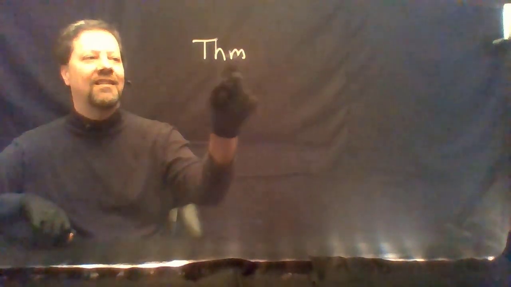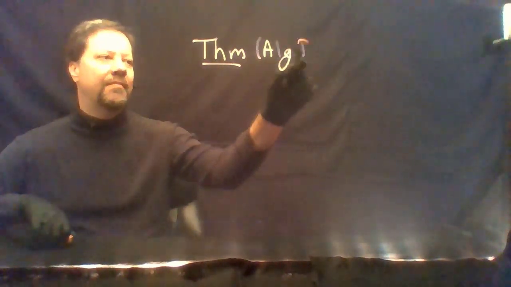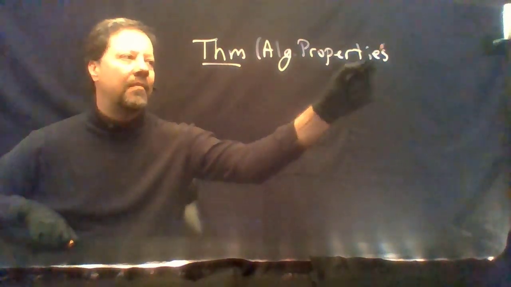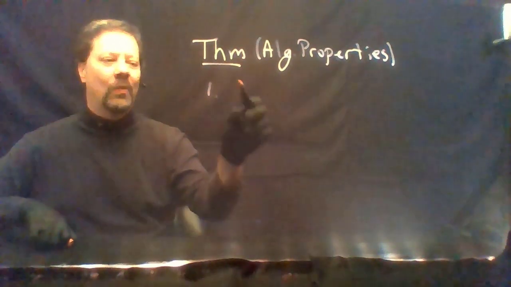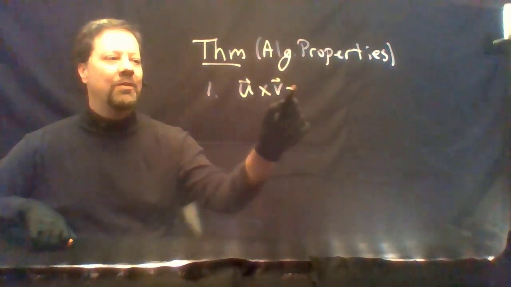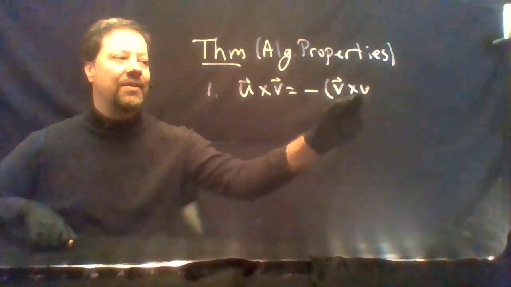So we need the algebraic properties. Of course, u cross v will be the negative of v cross u.